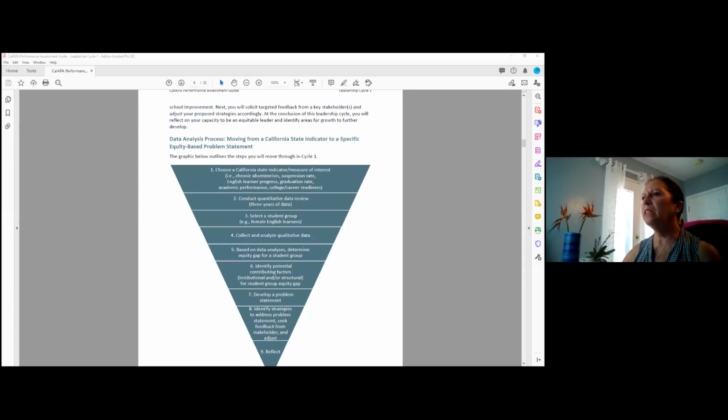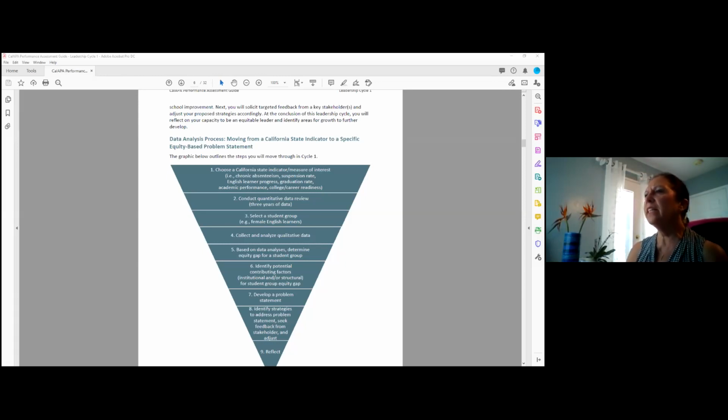They will then conduct a quantitative data review, and we'll get into the specifics as we go along. Based on that quantitative data review, data from the Department of Education, they will select a student group. Other quantifiable data is also something we would encourage them to take a look at.